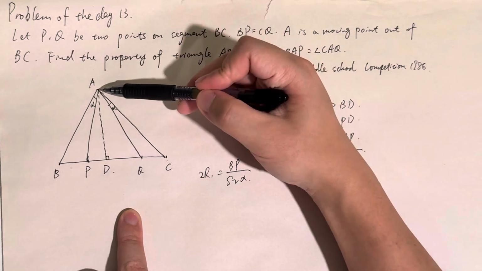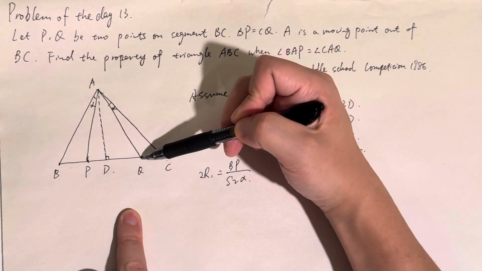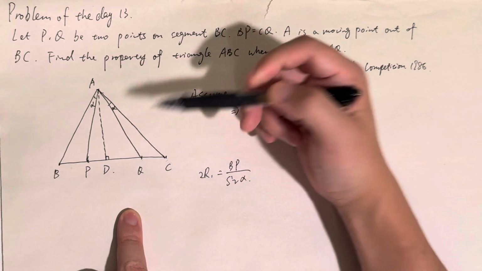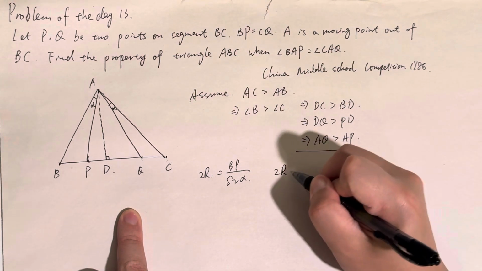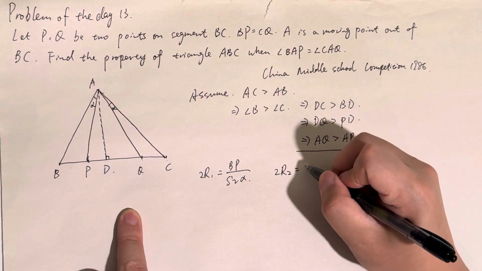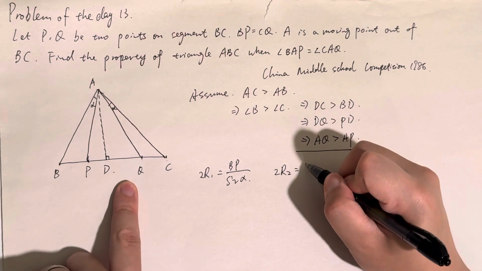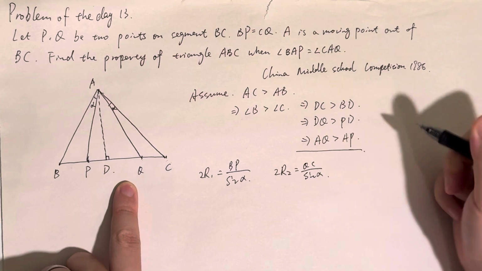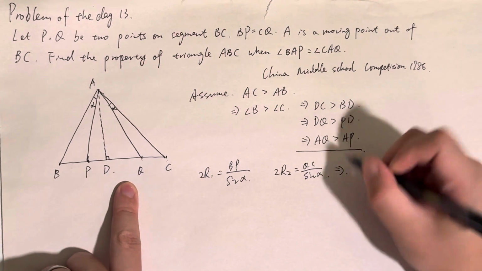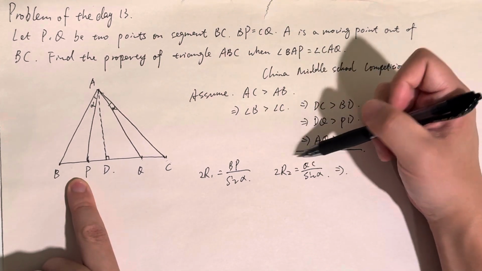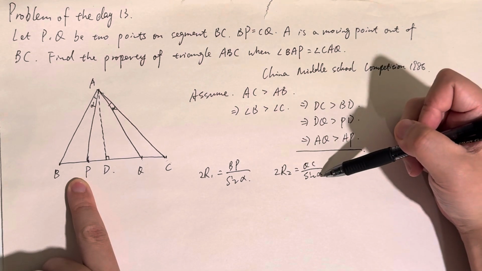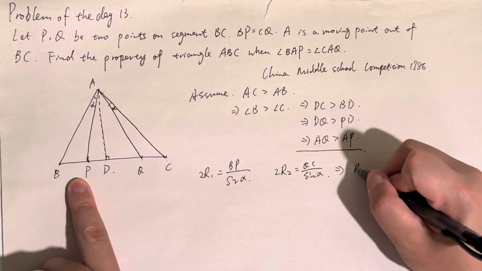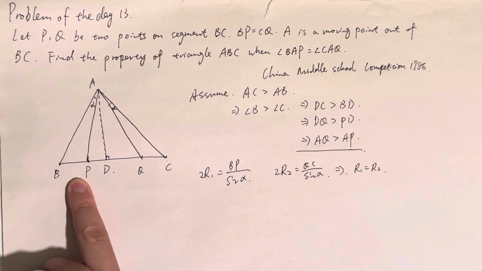And for the radius of the circumcircle of triangle AQC, let's call it R2. So we have 2R2 equals QC divided by sine alpha. So BP equals QC, alpha equals alpha. That means R1 equals R2.